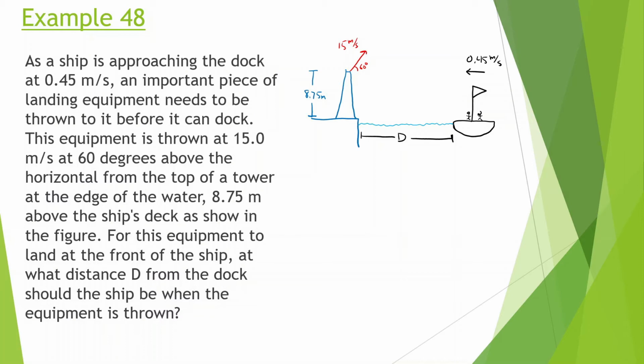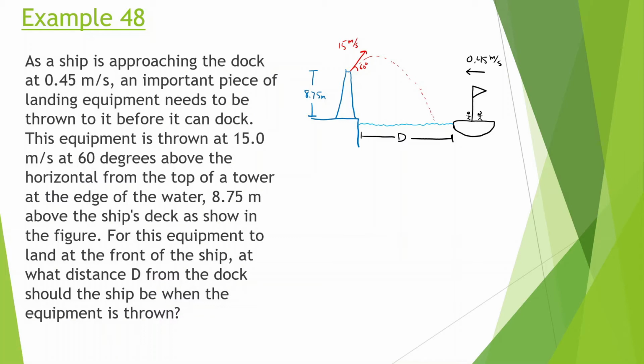So this is a pretty challenging problem. There's a few things that you really have to think about. But the first thing we should try to find out is, if you throw this at 15 meters per second at 60 degrees, where is it going to land?